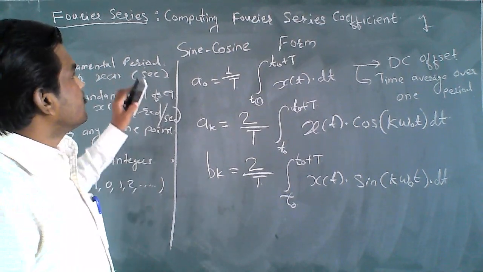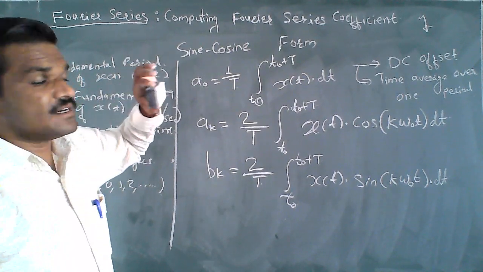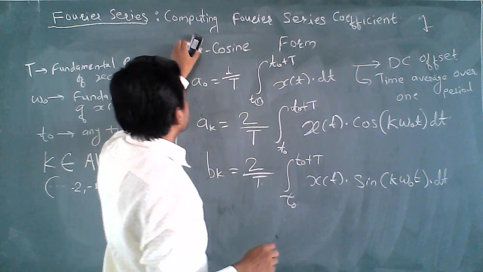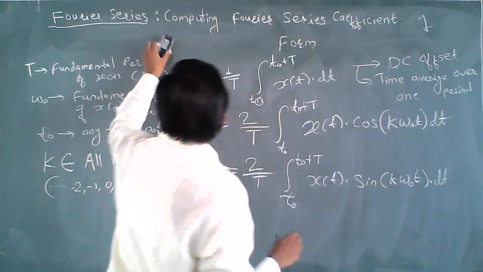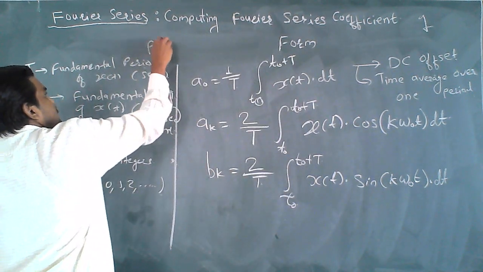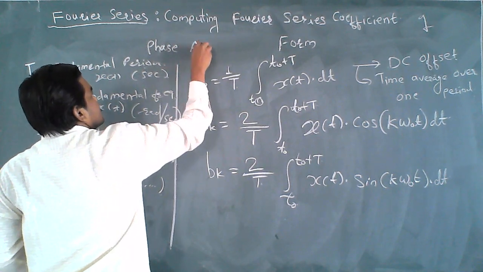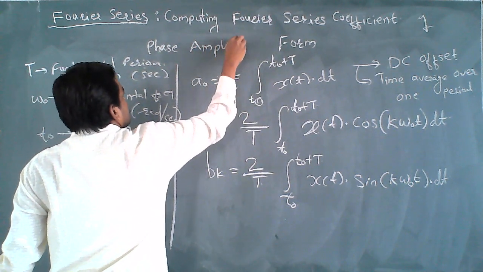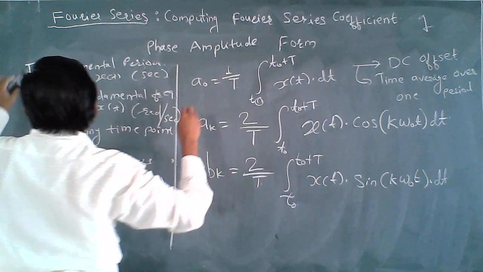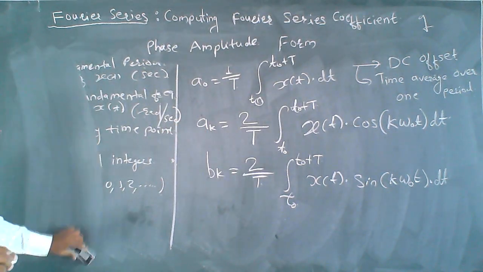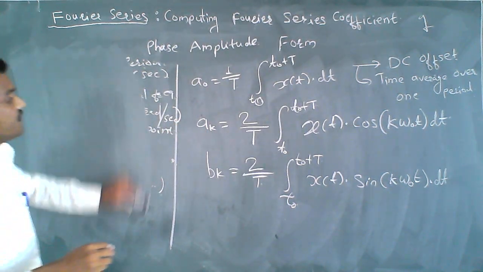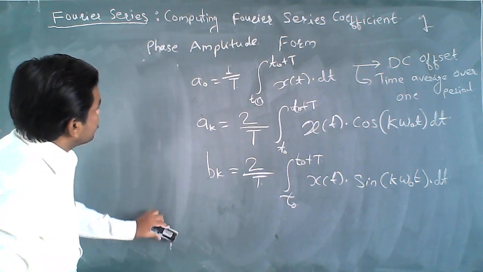Now next we will have the third form, that is computing the Fourier series coefficient of the phase and amplitude form. So we have seen all the three forms, and we have seen the convergence of all these three forms also.